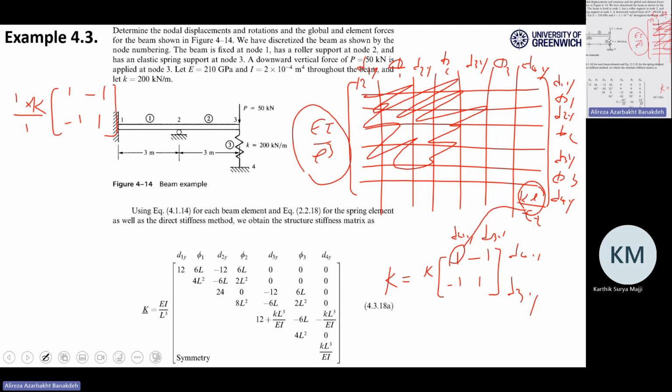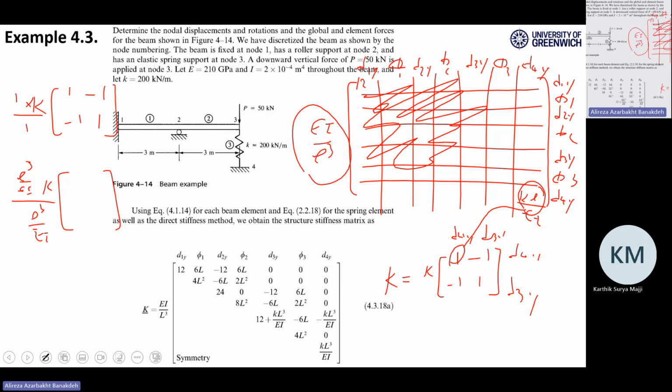Again, I'm touching that question. Can I say it's like K, I put 1 over 1 like L cubed over EI, L cubed over EI?